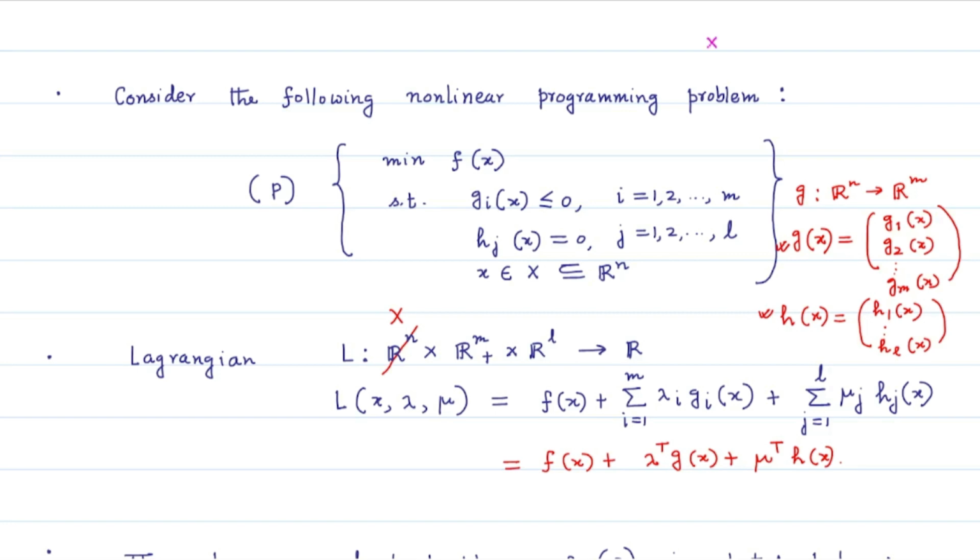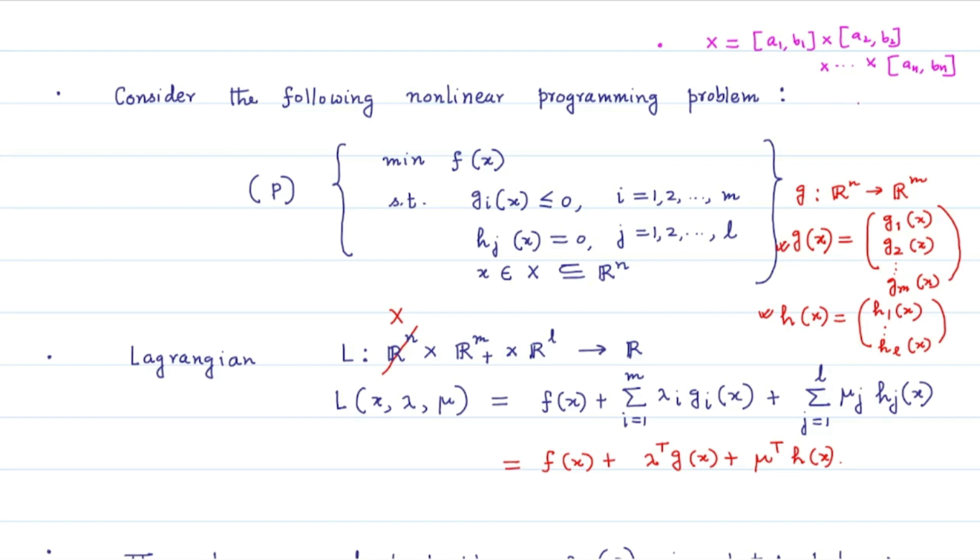That is, capital X is commonly a box constraint, like the product of the intervals [a1, b1], [a2, b2] till, suppose we have n variables, [an, bn], where the closed bounded interval [a1, b1] is the range of values for x1, [a2, b2] is the range of values for x2, and [an, bn] is the range of values for the nth component of the variable x, and capital X is then described as the Cartesian product of all these intervals.